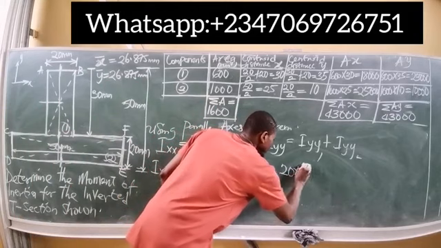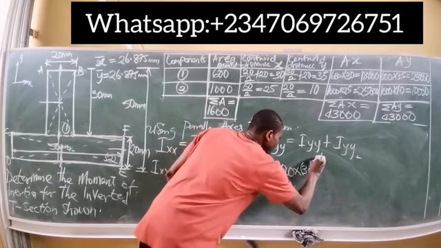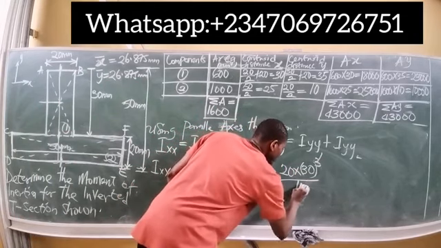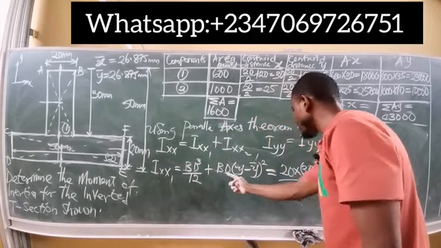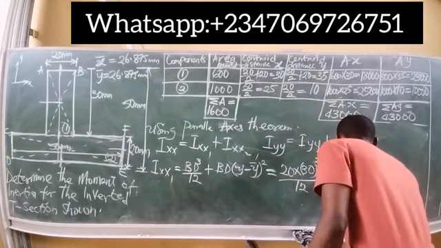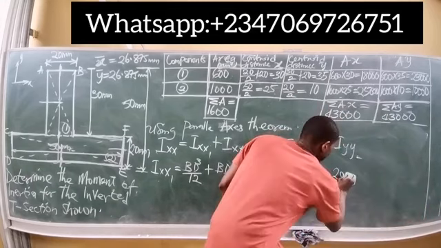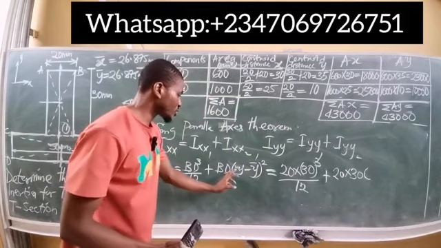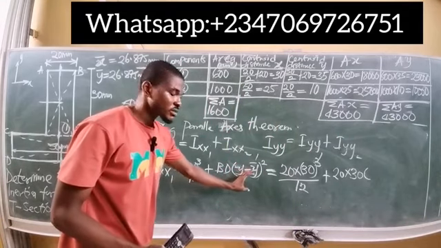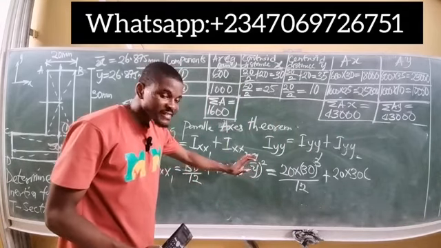So 20 by 30 cubed all over 12 plus the width times the depth, which is 20 by 30, now multiplied by the difference between the central distance y and the centroid y for the first segment.